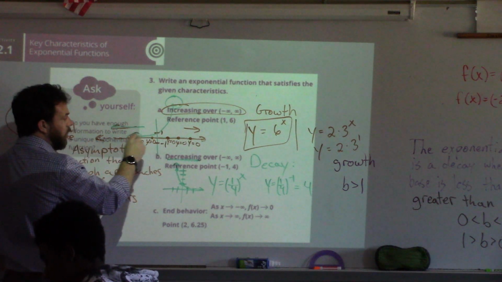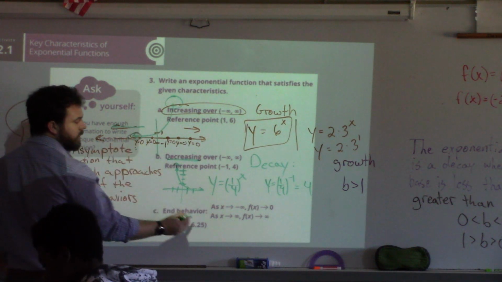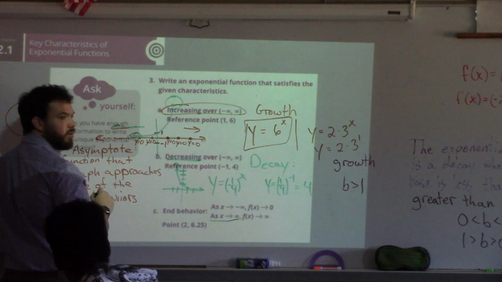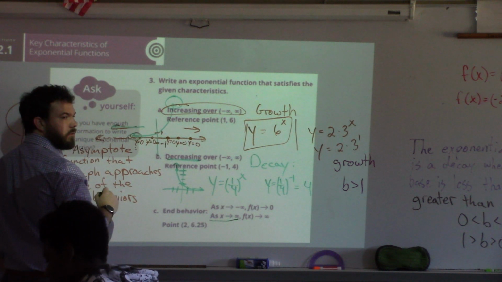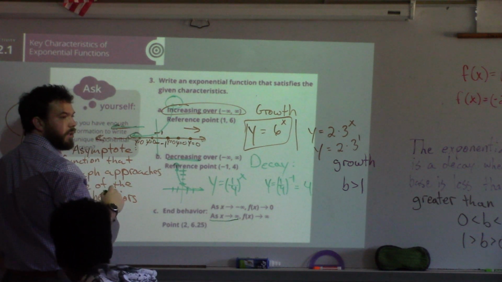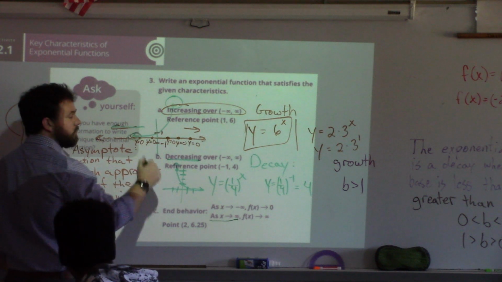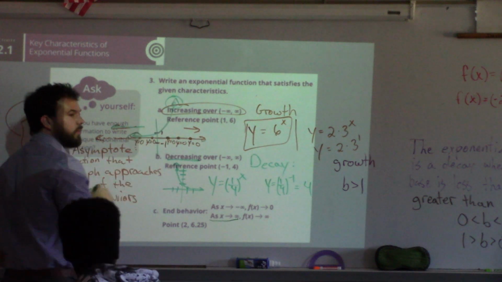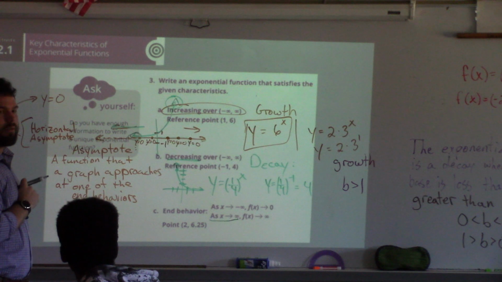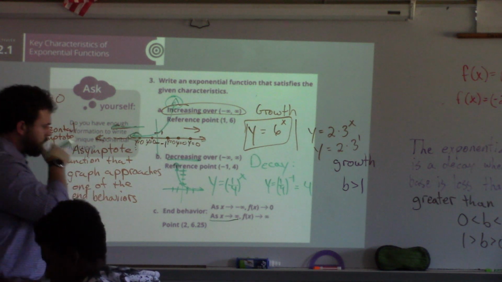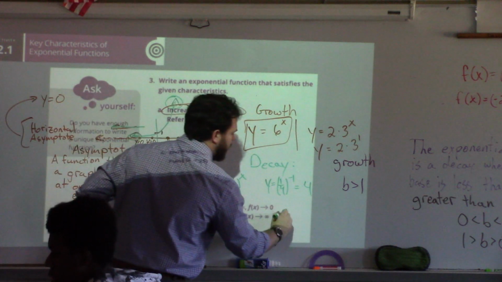So it's going to 0 on the left-hand side, but on the right-hand side, what's it doing? Going to positive infinity. So it's going up, so increasing. Anybody want to push back on that, or do we agree? At least go ahead and make a note here of growth.